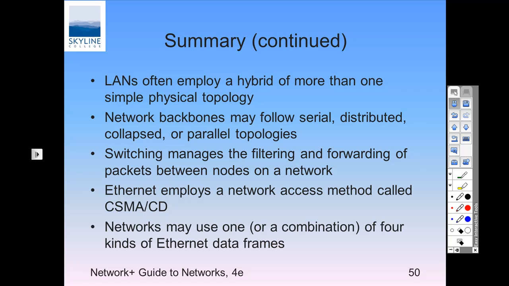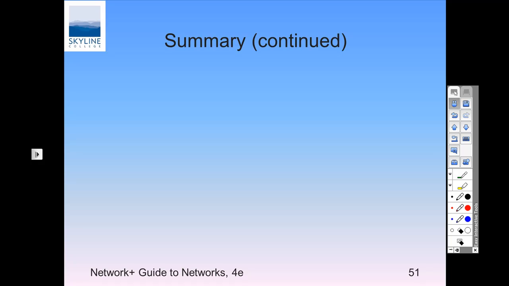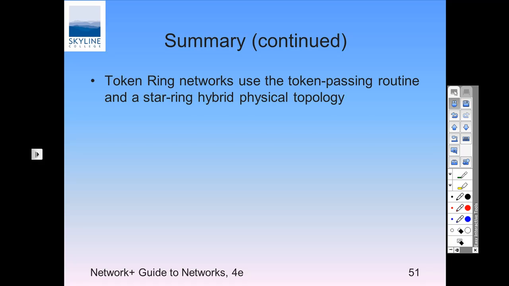Ethernet, CSMA/CD; wireless, CSMA/CA. Carrier sense multiple access with collision detection is Ethernet. Token ring is token passing, and you'll see the media access control is token passing because you get the token.